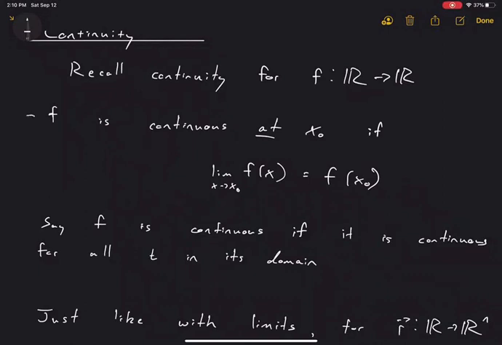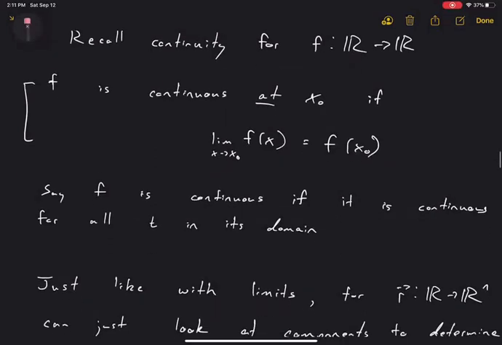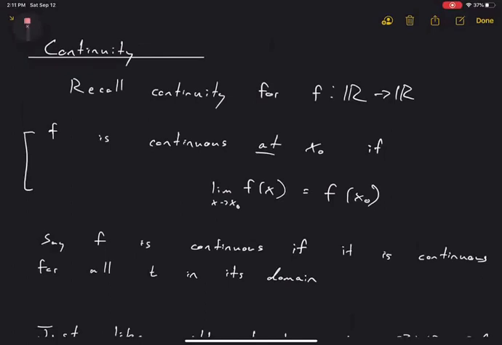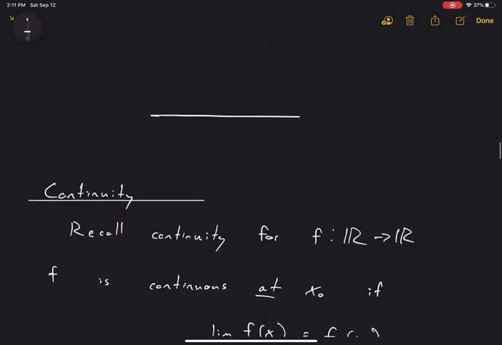We said f was continuous at a point x0 if the limit as x approaches x0 of f(x) is equal to f(x0). That's our technical definition.